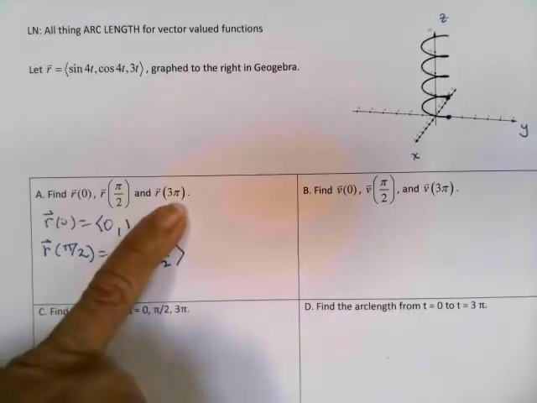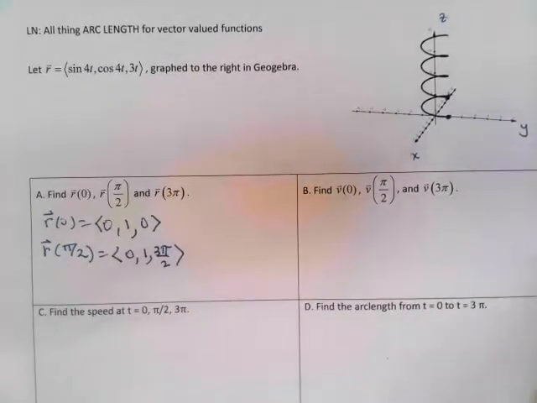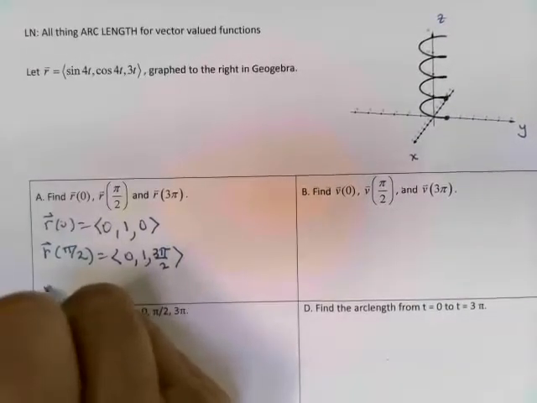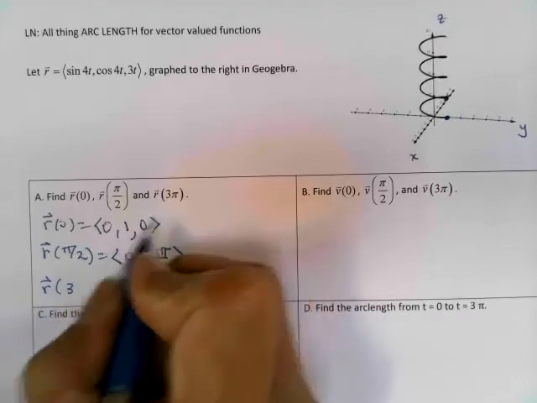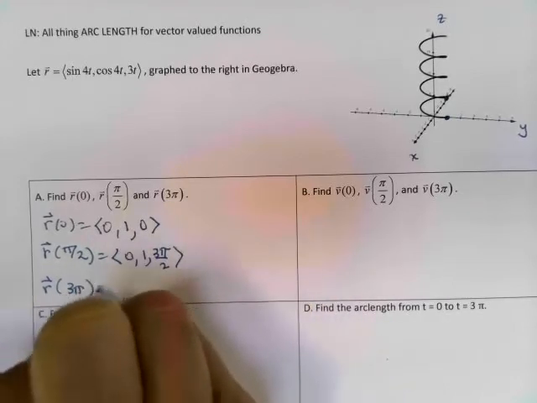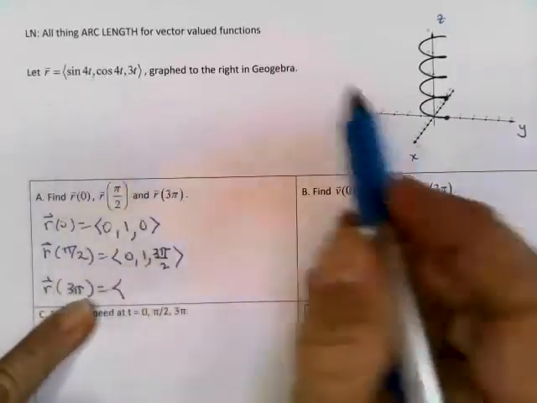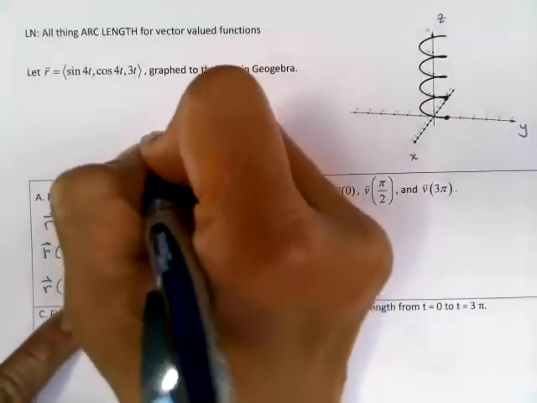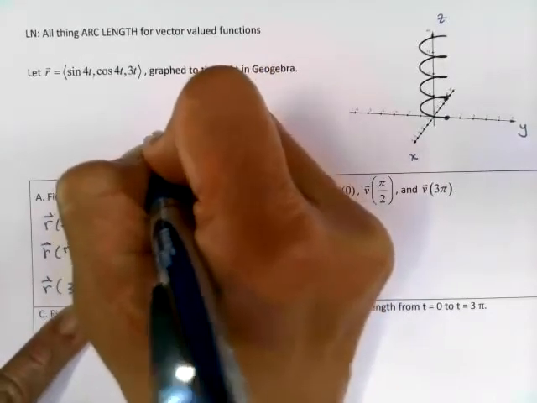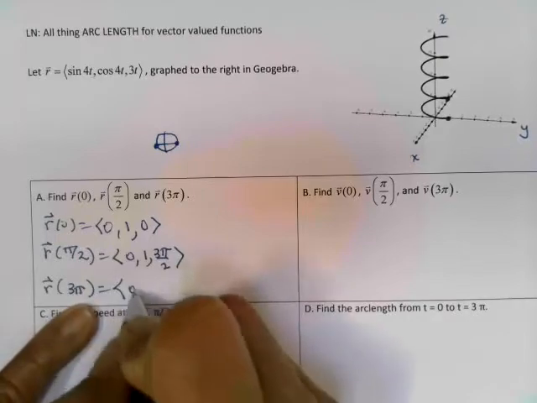Okay, the last one here that we'll do. Oh my gosh, I'm still in that same spot. I should have picked a different t value. Okay, so r at 3 pi. So that's going to be the sine of 12 pi. So those even pi's for sine, if you use your unit circle, are ending up on the x-axis. So the sine value is going to be 0.